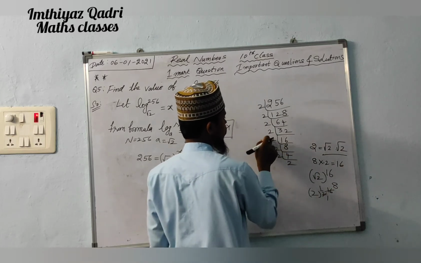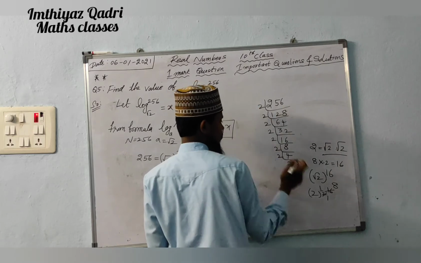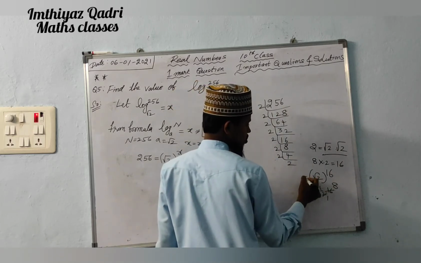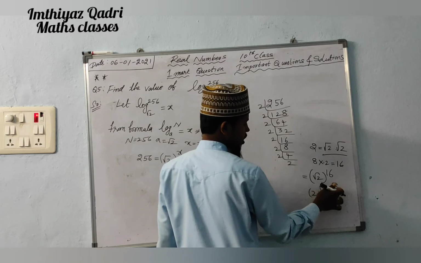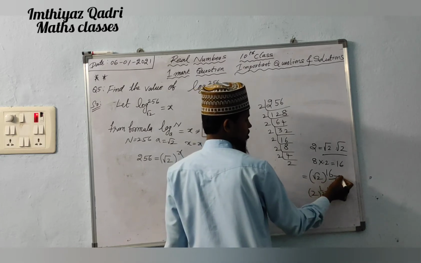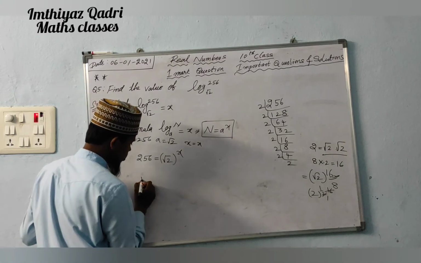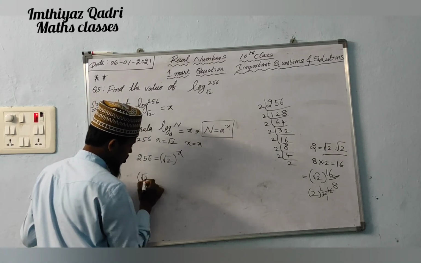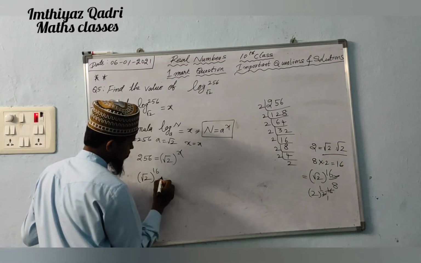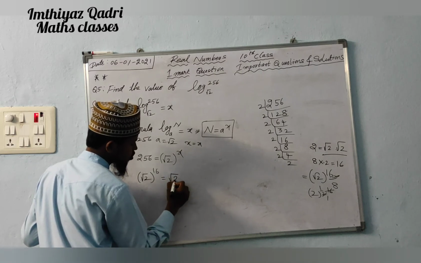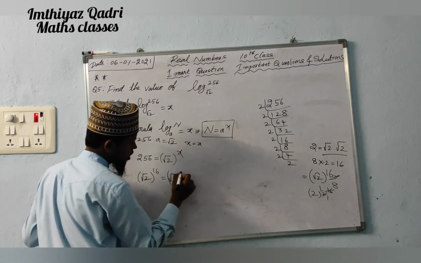1, 2, 3, 4, 5, 6, 7, 8. This is equal to this, we write 2 power 8 like this. So in place of 256, we write root 2 power 16. That is equal to root 2 power x.